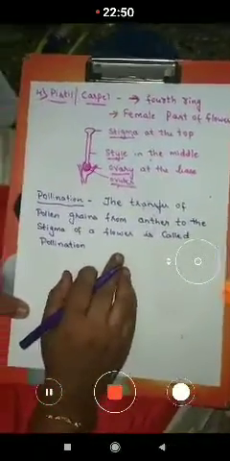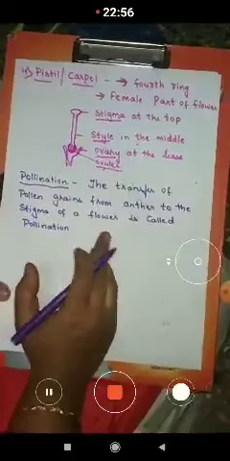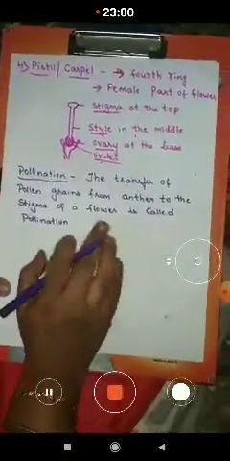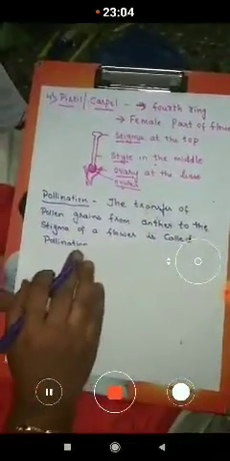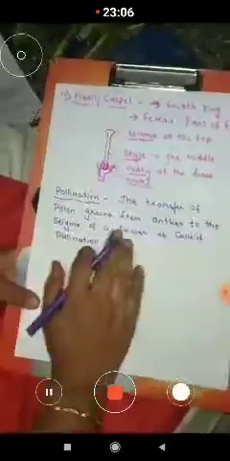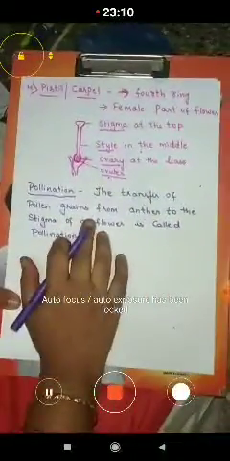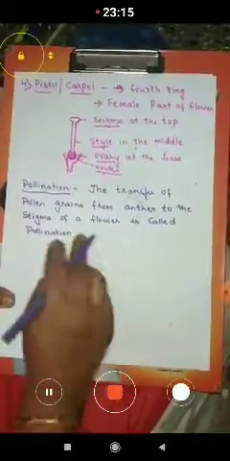We can observe both the male and the female parts in the hibiscus flower and in the rose flower. In the papaya flower, you can observe only the male part or only the female part of the flower.